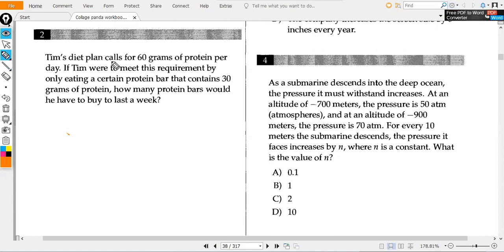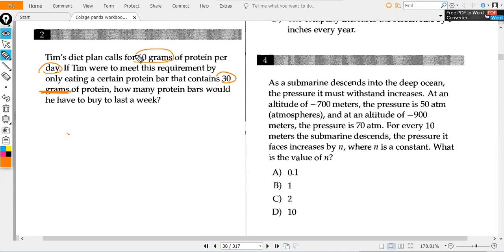Tim's diet plan calls for 60 grams of protein per day. It's right, because we talk about per day, per time. Something changes over time. 60 grams per day. If Tim were to meet this requirement by only eating a certain protein bar that contains 30 grams.